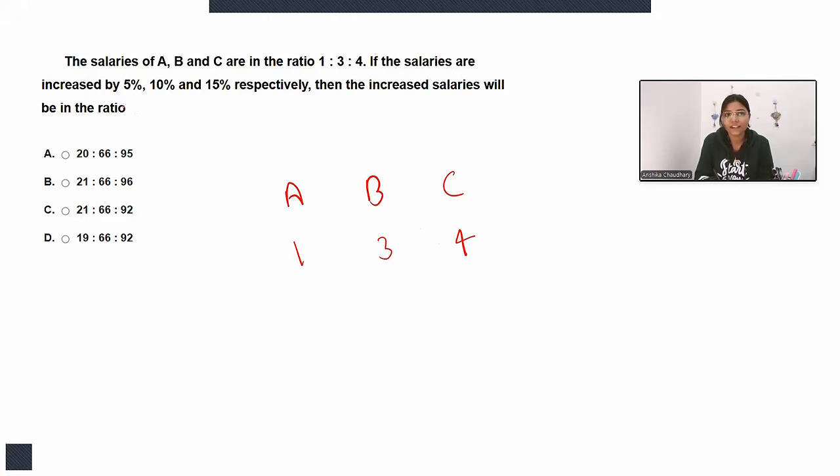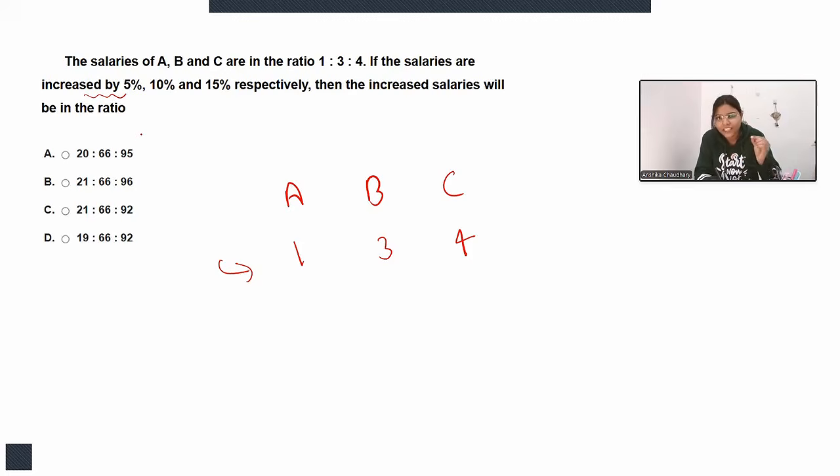If the salaries are increased by 5%, 10%, and 15% respectively, that means 5% increment for A, 10% increment for B, and 15% increment for C, then the increased salaries will be in the ratio of, see, the salary ratio is given, but actually the increment is happening in the actual salary, right? So salary is incremented, but not the ratio.